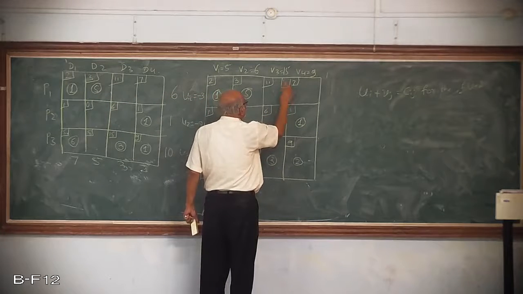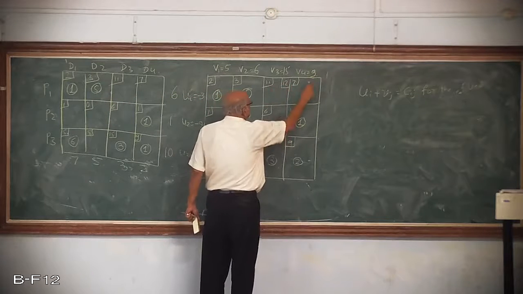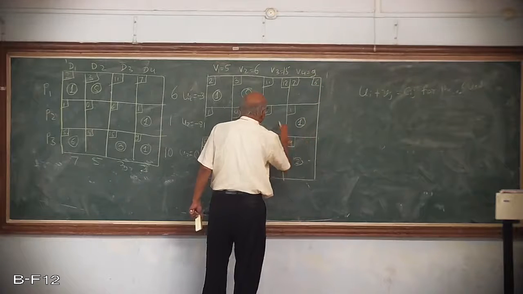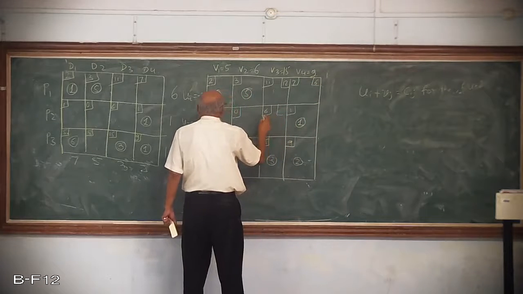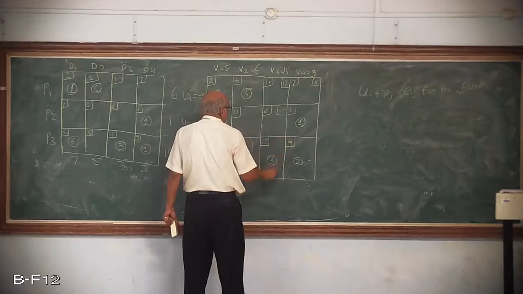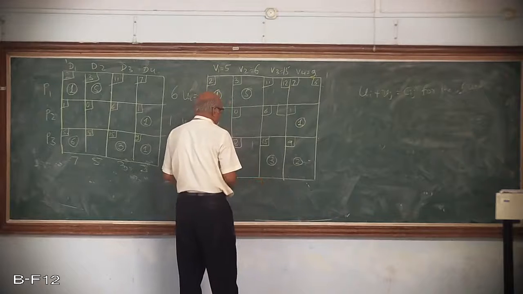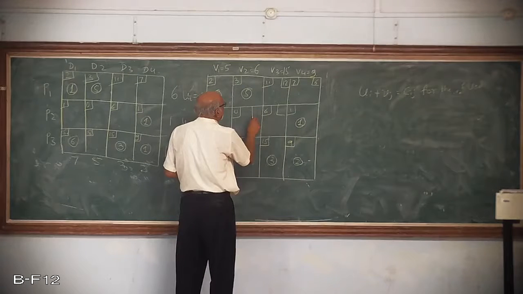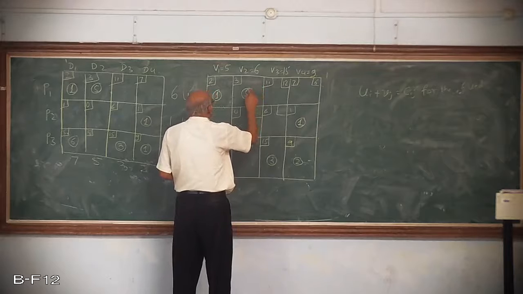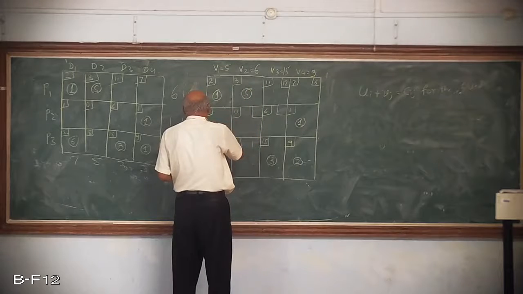So 15 minus 3, this is going to be 12. 9 minus 3, this is going to be 6. 15 minus, 6 minus, 8 minus 2.